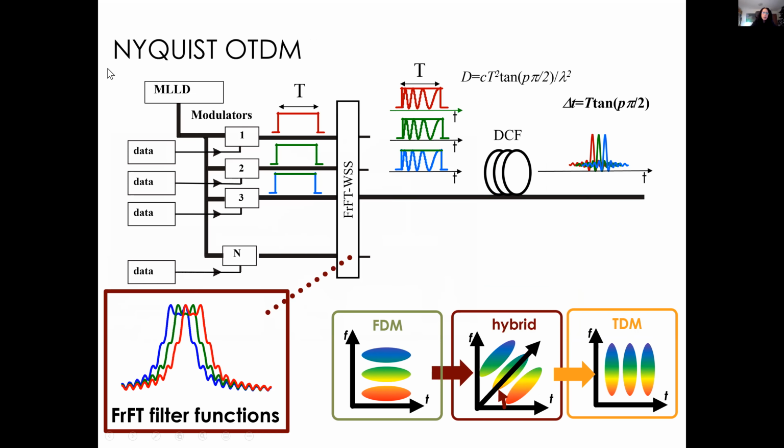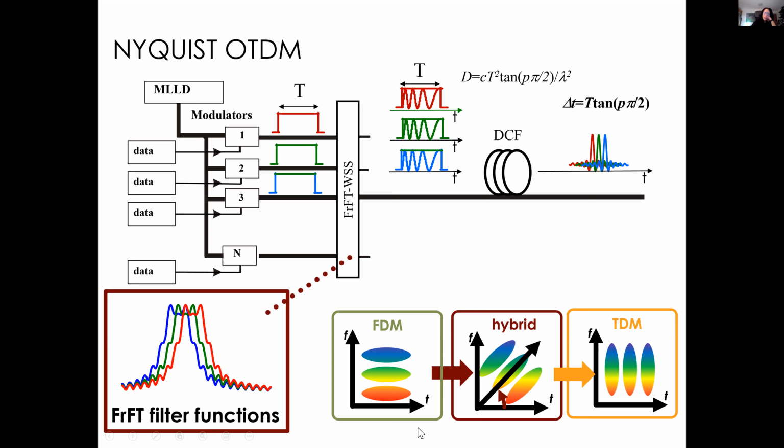So a Nyquist-OTDM system generates these functions that are orthogonal, but then if I transmit through a dispersion compensated fiber, these pulses become sinc pulses and they are transmitted one after the other.